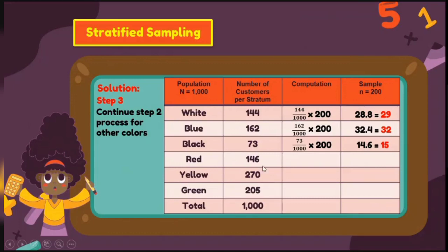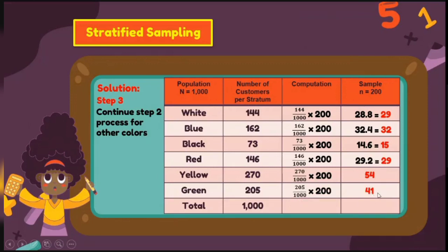And then for red, the same process: we have 146 over 1,000 times 200, and you will arrive at 29.2 or approximately 29 individuals. And then for yellow, I have 270 over 1,000 times 200, so that's 54, so it is exact. Then for green, 205 divided by 1,000 times 200 is equal to 41.